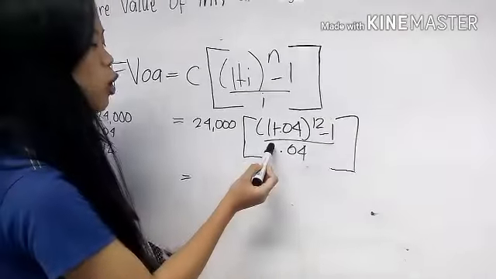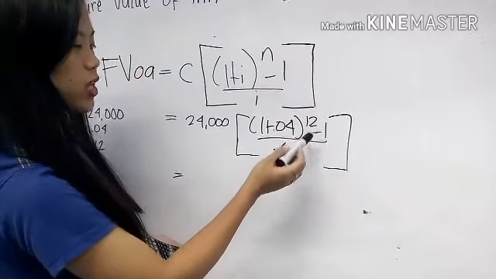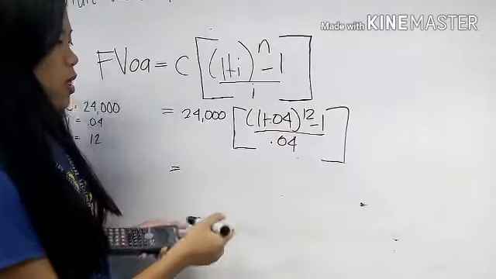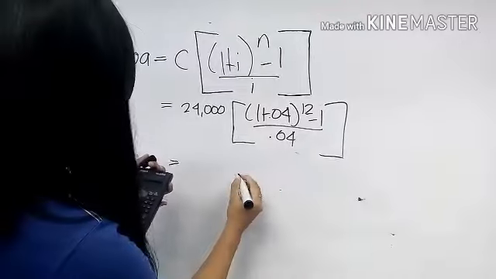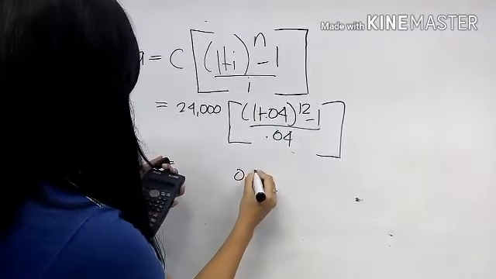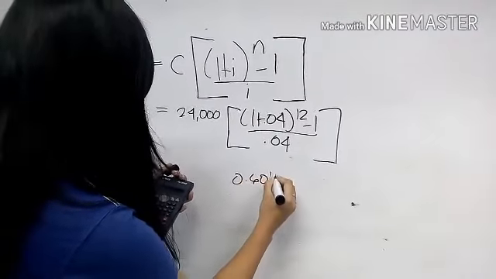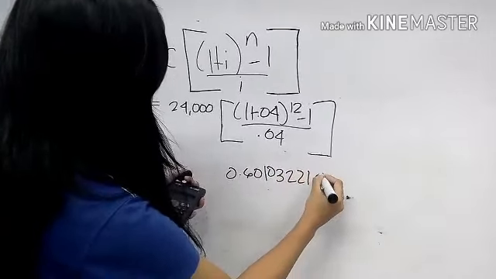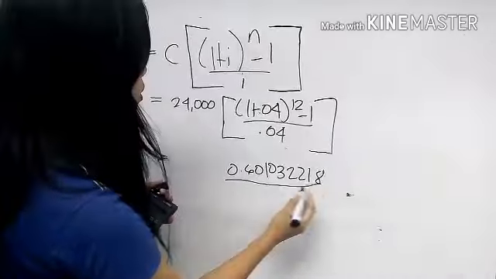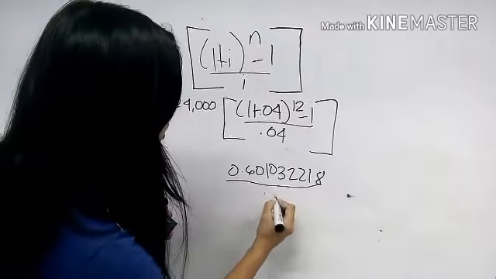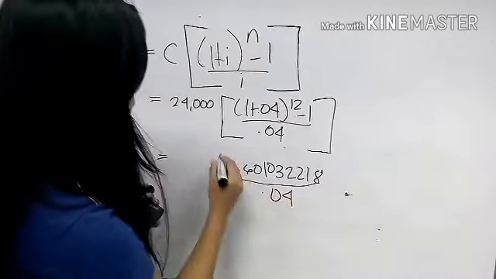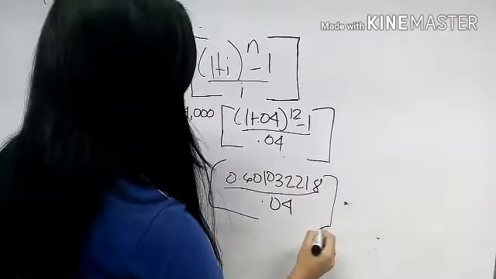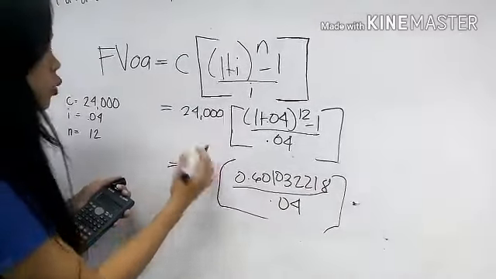Next, we have to solve (1 plus 0.04) raised to 12 minus 1. The answer is 0.6010322218. Then, over 0.04. Then we have to copy the 24,000.